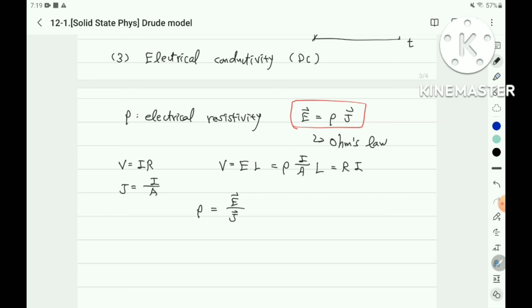And anyway, in other words, electrical resistivity is 1 over sigma. In other words, sigma, the electrical conductivity, is defined by applying an electric field and the resulting current density. And it is the electrical conductivity.